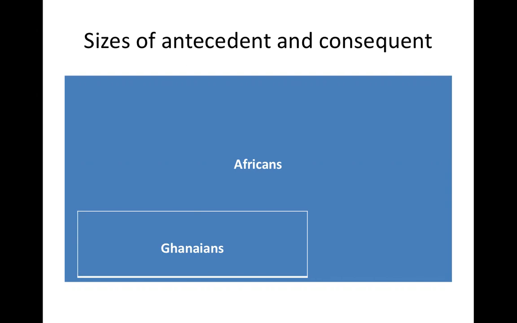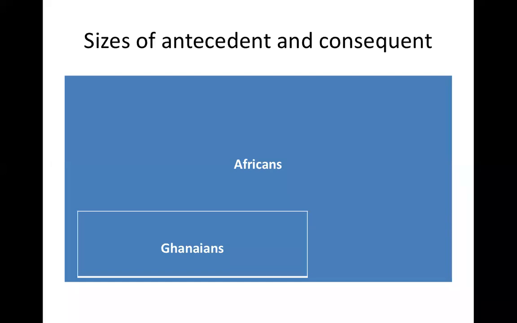That is why if you say all Ghanaians are Africans, the Africans are a larger class of items than the Ghanaian class. So the class Africans can accommodate the class Ghanaians, and it can also accommodate more.